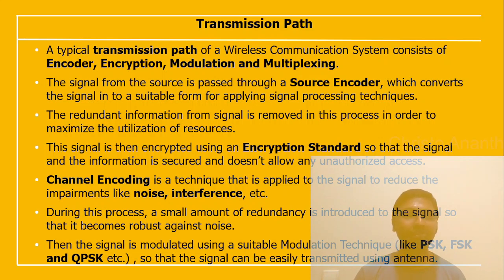Then you have channel encoding, which is applied to the signal in order to reduce noise interference problems. During this process, a very small amount of redundancy is introduced in the signal, so that it becomes much more reliable and robust against noise. Then the signal is modulated using a modulation technique like phase shift keying, frequency shift keying, or quadrature phase shift keying, so that the signal can be easily transmitted using the antenna.